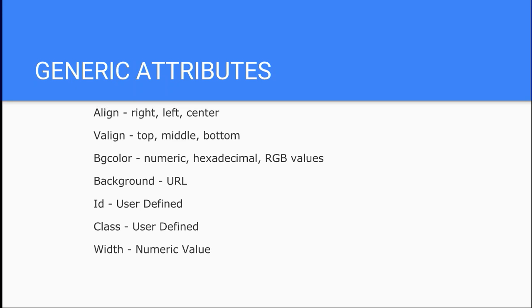And the next generic attribute is width. This is also a user defined attribute. It specifies the width of tables, images, or table cells. The next one is height. It's a numeric value and user defined attribute, and it specifies the height of tables, images, or table cells.